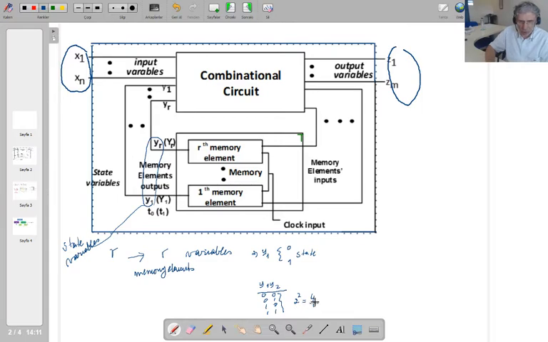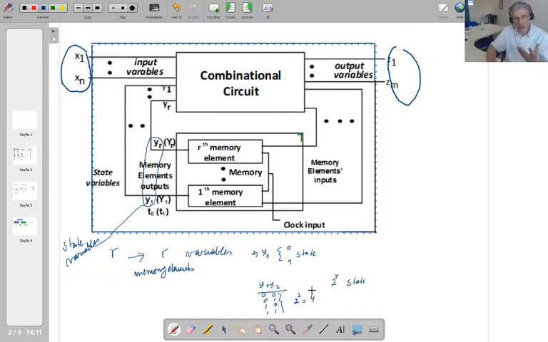So what is the relation if you generalize it? If you've got r number of state variables, then you can represent or separate 2 to the power r number of states from each other by using these state variables.